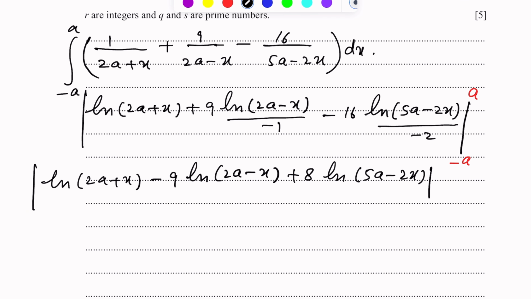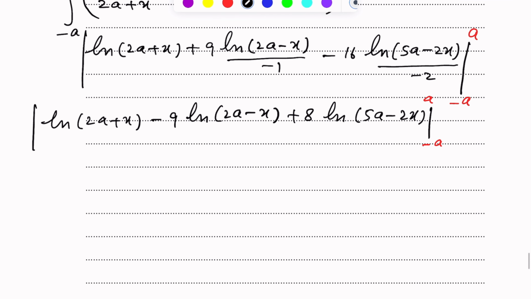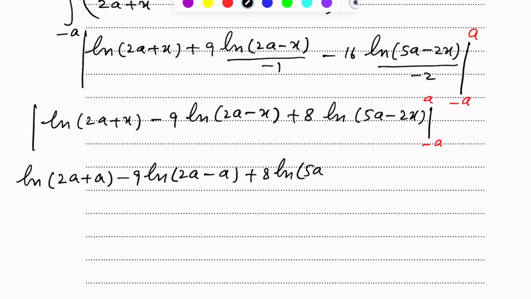Now we apply the limits, -a to a. The upper limit gives log(2a + a) - 9 log(2a - a) + 8 log(5a - 2a). This is the upper limit. Minus the lower limit, where in place of x we put -a.